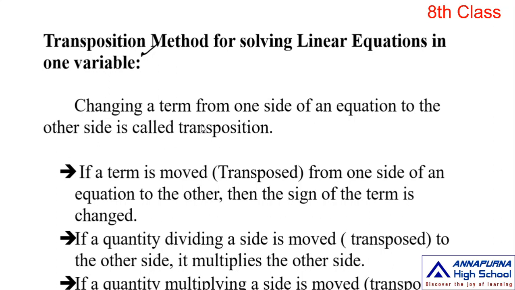Changing a term from one side of an equation to the other side is called transposition. That means we can transpose the terms from one side to another side, left side to right side, or right side to left side. We can transpose a term or a factor from one side to another side.